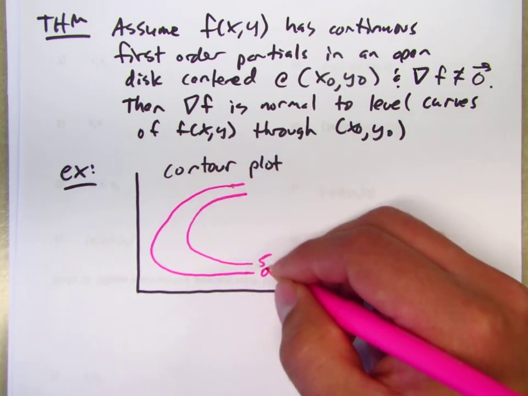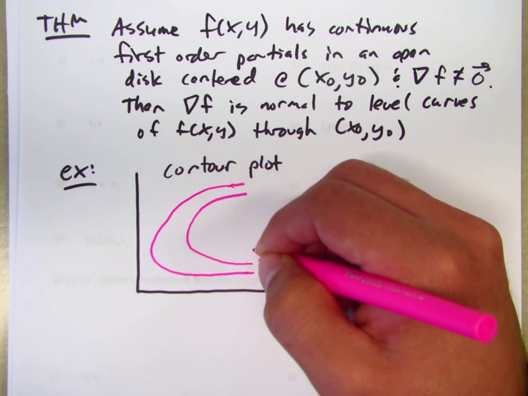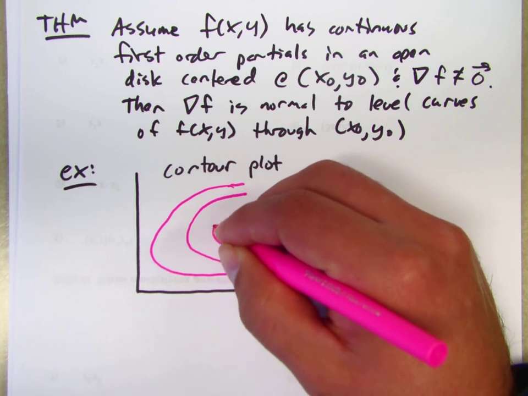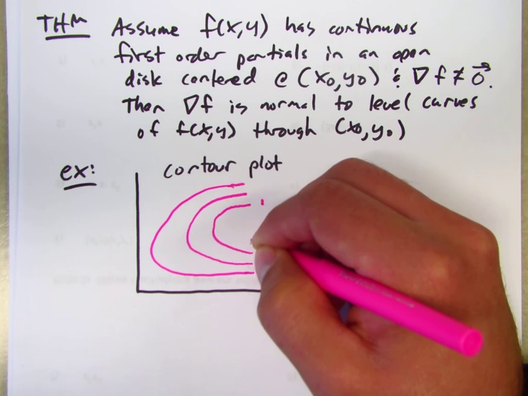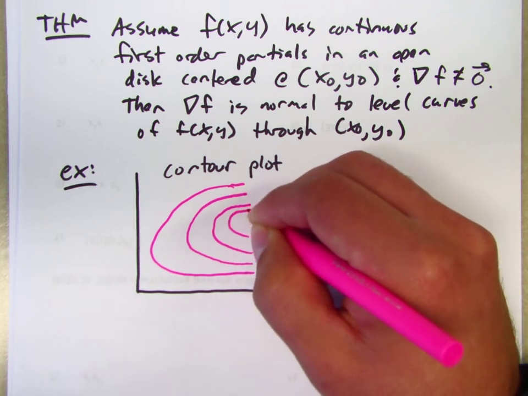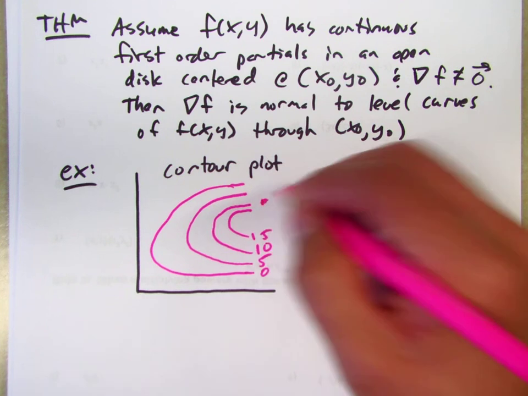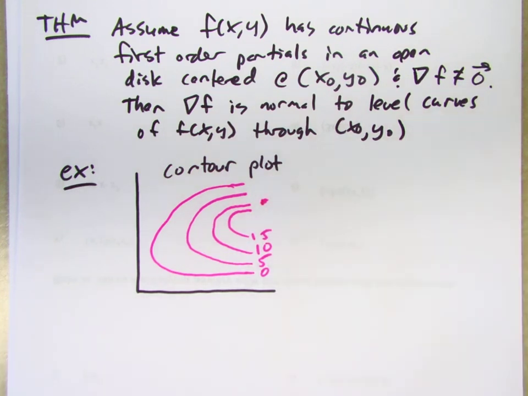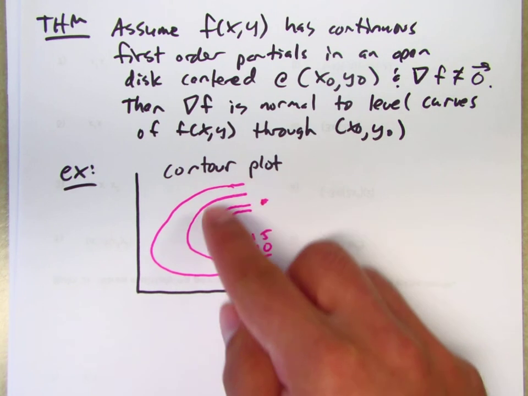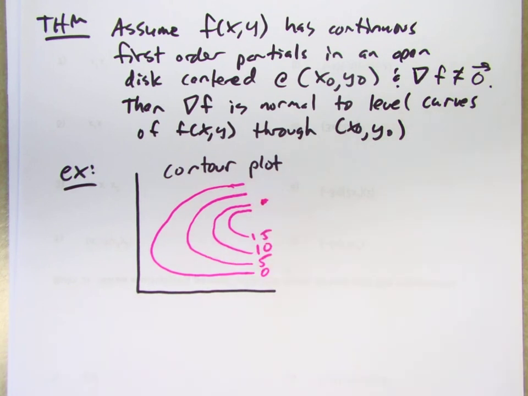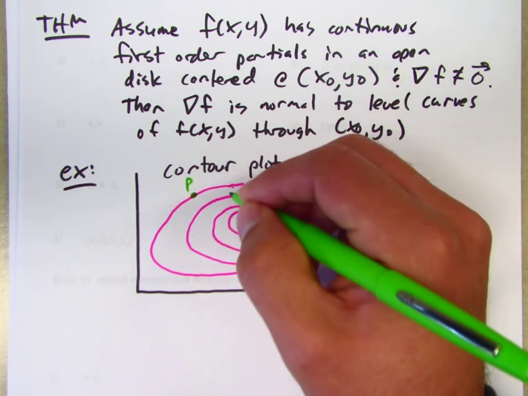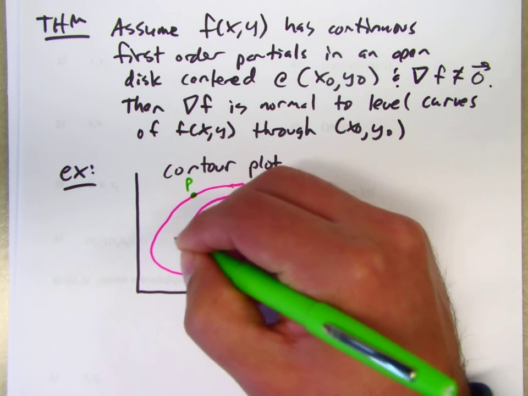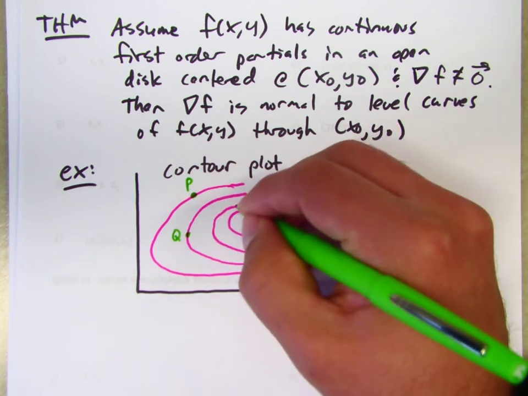Let's say this is a height of 10. Let's go one further, 15. Kind of ignore that little dot there. Okay, so let's say here are a set of level curves for our surface, and let's have a few different points. Okay, so we have, let's say this is P, let's say Q is over here, let's say R is over there.